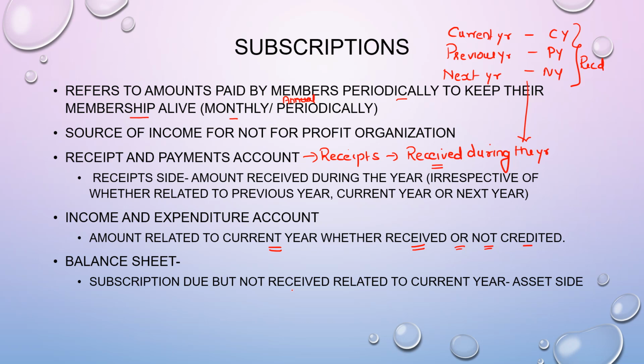So the NPO has not received that amount. But still, is it not related to the current year? So being related to the current year, it is receivable by the NPO. And therefore, we have to show it on the asset side of the balance sheet as an asset, as subscription due but not received. When it is received in the later year, it would get out of the balance sheet.